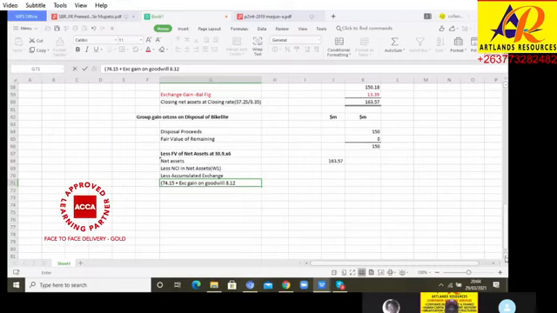Then exchange gain on net assets. The answer that you get is 74,15 plus 8,12 plus net assets here, the exchange gain on net assets, which we've just calculated above, it's 13,39.